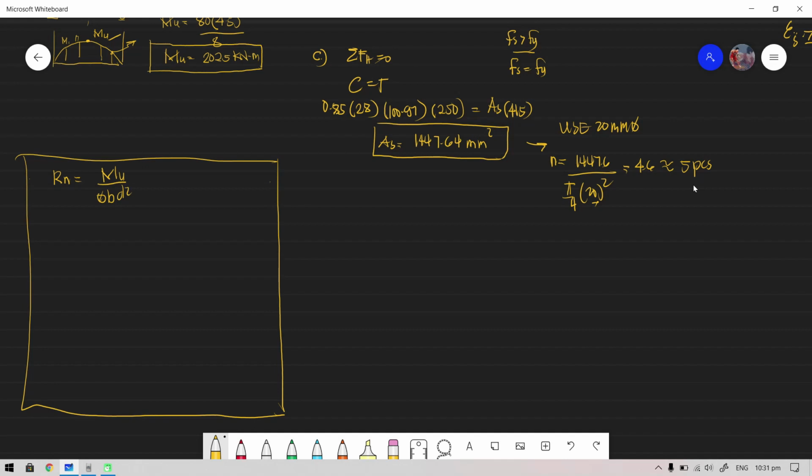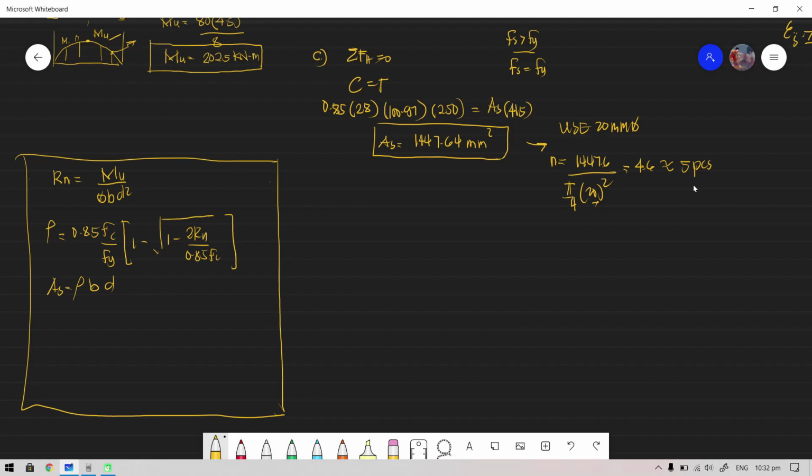And then, from that, makukuha na natin yung rho, which is 0.85 F prime C over Fy, times 1 minus square root of 1 minus 2 Rn over 0.85 F prime C. So, after that, pwede natin makuha yung AS, which is rho BD.